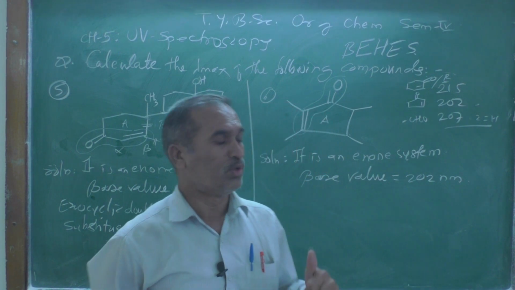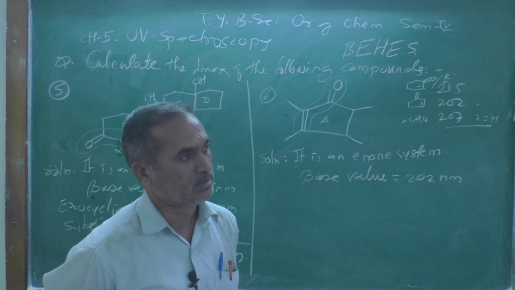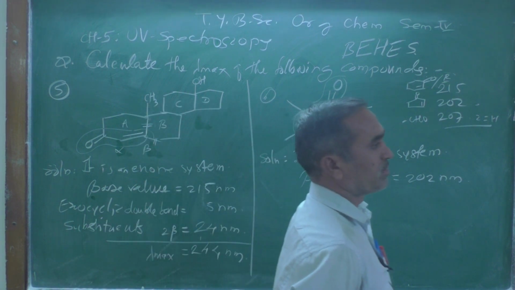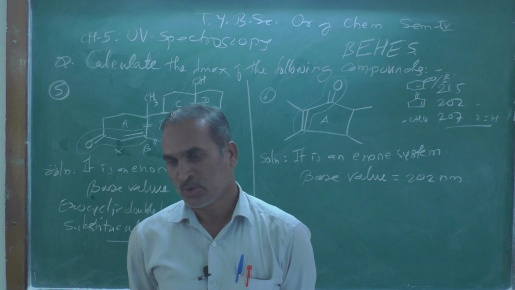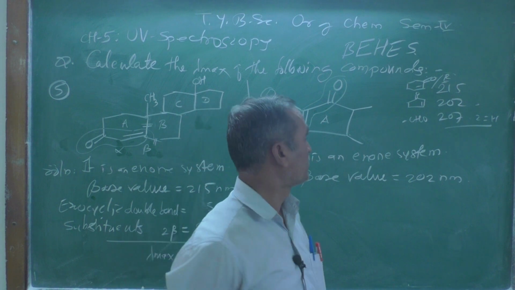But only the enone system is there, no other double bond found in the same ring, and therefore there is no question of a homoannular system. There is no homoannular system in this case.